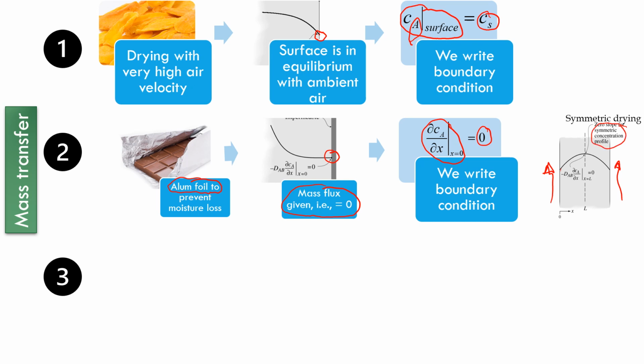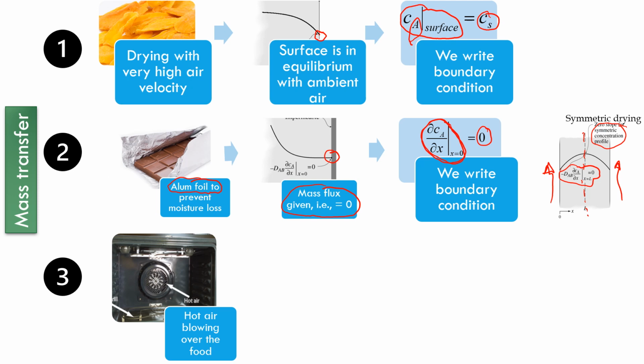If it is symmetric, then the condition in the center is going to be del Ca del x equal to 0, or flux equal to 0. So flux equal to 0 is still flux specified, but it's a special situation. But that's the one that is used most often in mass transfer.